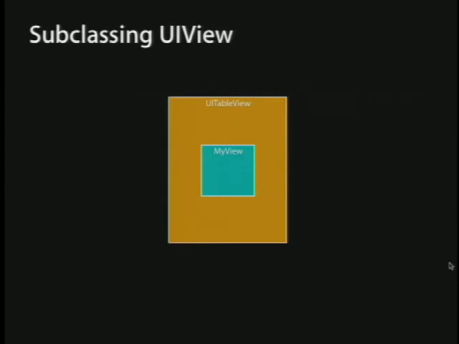The touches began and moved will go up the responder chain. The table view will see those. But when the end comes, it'll be delivered to your view because you've provided an implementation for that. And the table view will never see it. So the table view will think there's some touch that's still on the screen that just isn't. And you'll leave the table view in some inconsistent state.